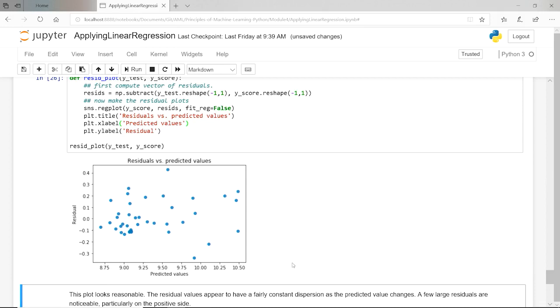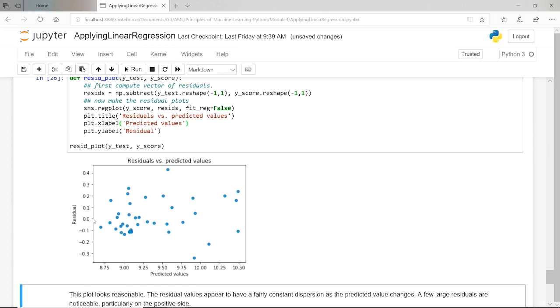If you see definite structure, that means that somehow your model isn't picking up all the information in the data, and your predicted value, the residuals, are dependent on the values that are actually being predicted. And that's bad.